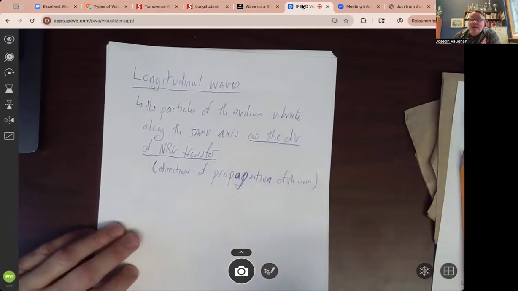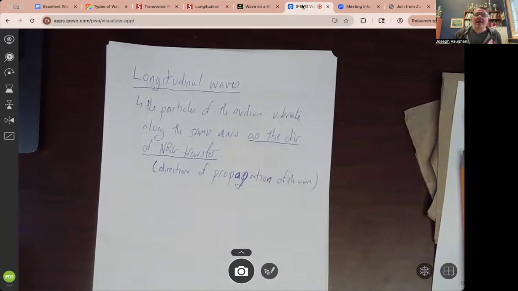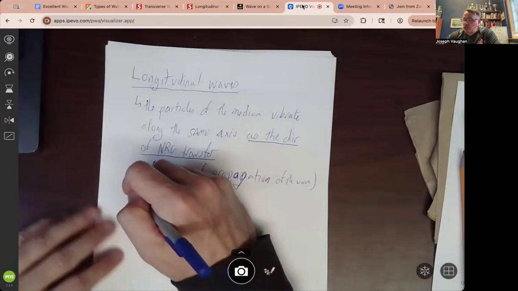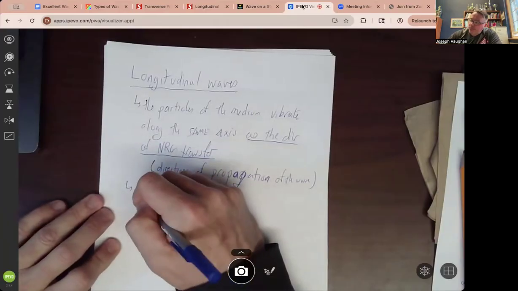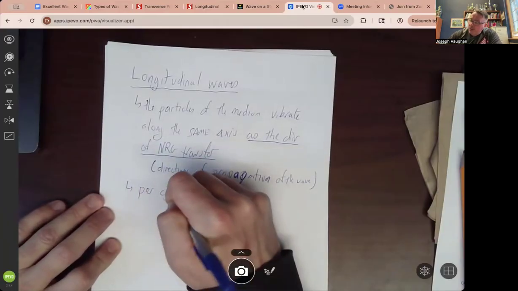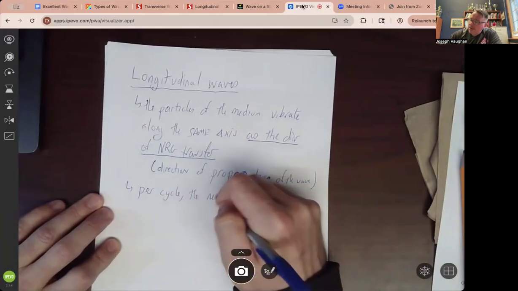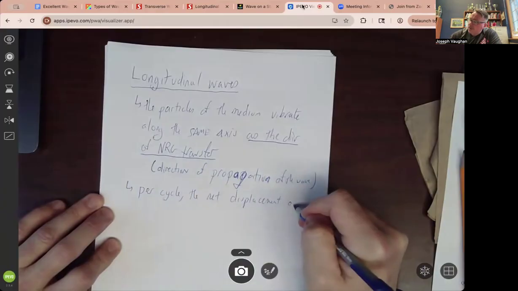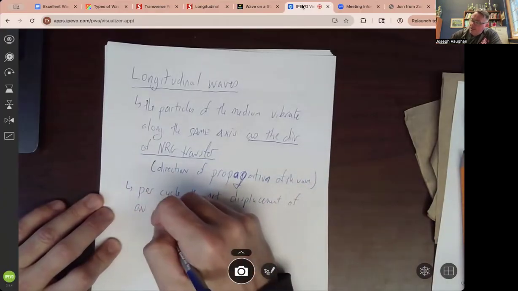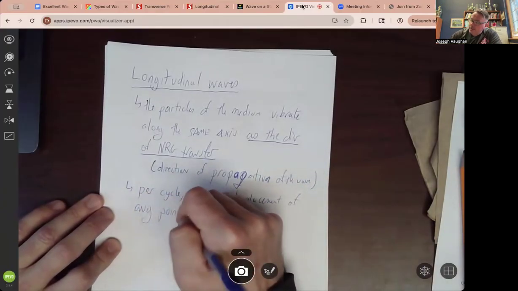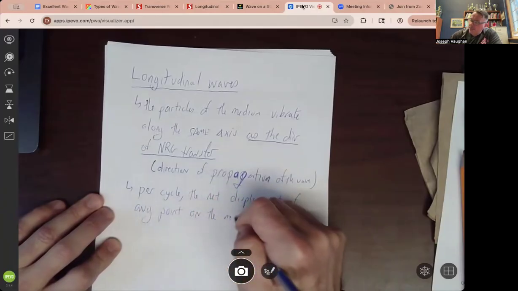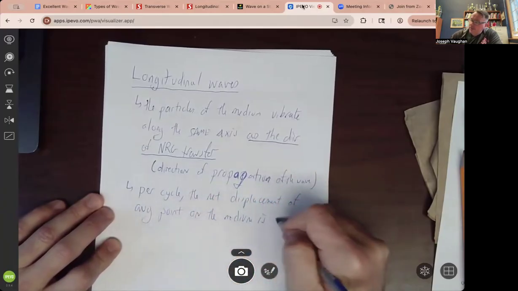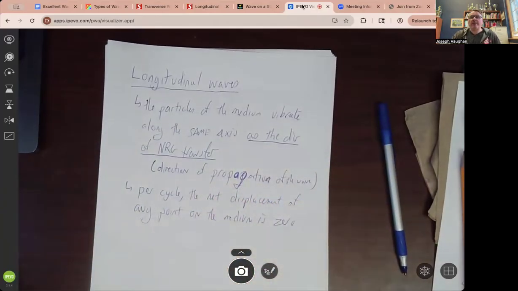So the direction the wave propagates is the same thing as the direction the energy transfers. And that's a longitudinal wave. It should be noticed that per cycle, the net displacement of any point on the medium is zero. Okay, they vibrate back and forth.